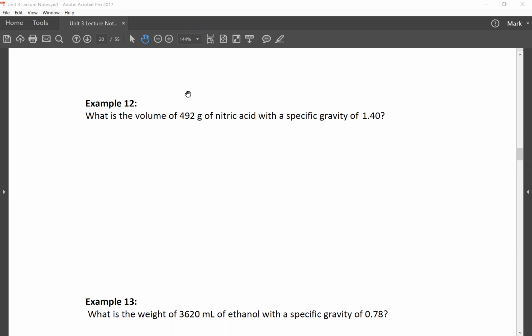Okay, sorry about that. So we're looking for the volume of our liquid. Okay, and we have 492 grams of nitric acid, and the specific gravity is 1.40. Now, there's a little bit of thinking we have to do here.